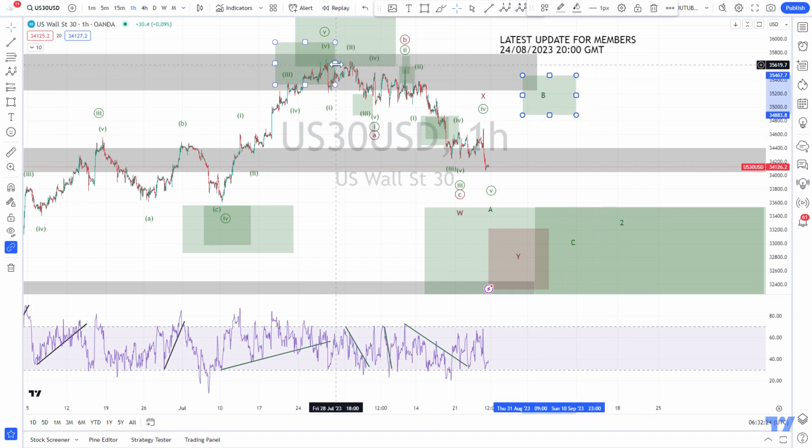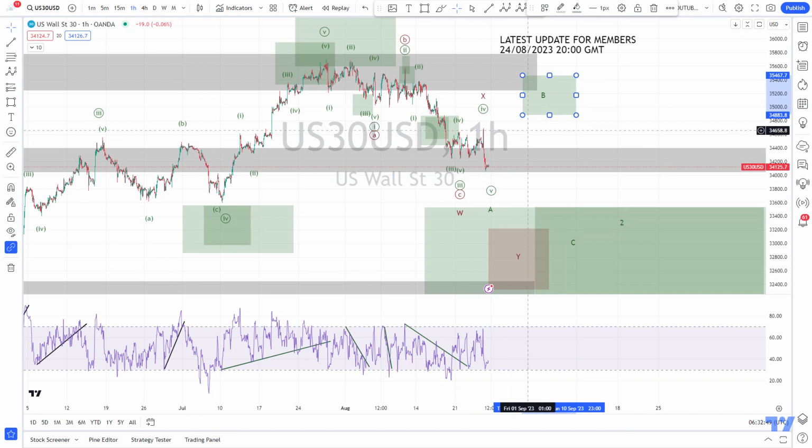So the main scenario, the primary scenario, is that we have completed our wave A here, that we can do some corrective move up as a wave B. But remember, these wave Bs can be really choppy. Something like this can be a triangle. We can shoot around here.